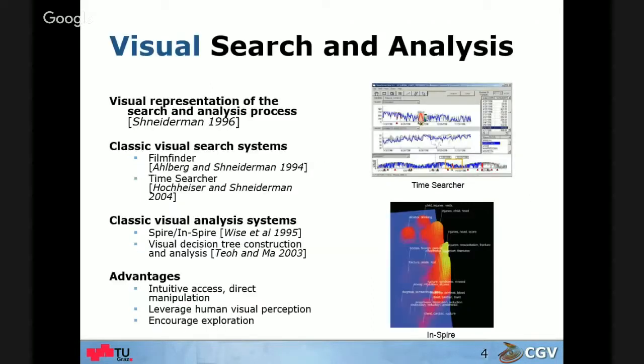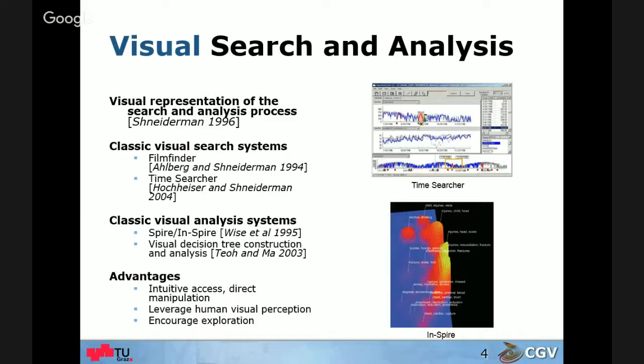And now the question is also, why should we do it visually? There are quite a number of existing systems that have demonstrated that it makes sense to support the search and analysis process by visual means.